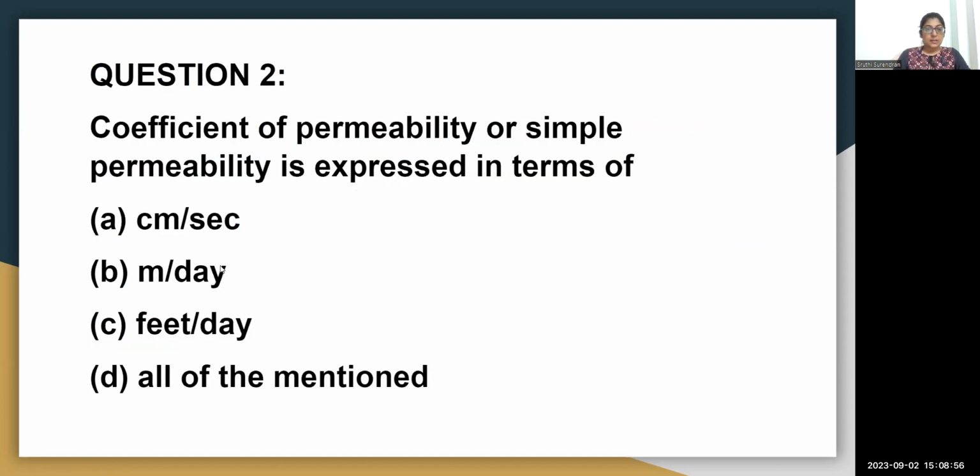Second question, the coefficient of permeability or simple permeability is expressed in terms of what unit? Is it in centimeter per second, meter per day, feet per day, or all of the mentioned units?